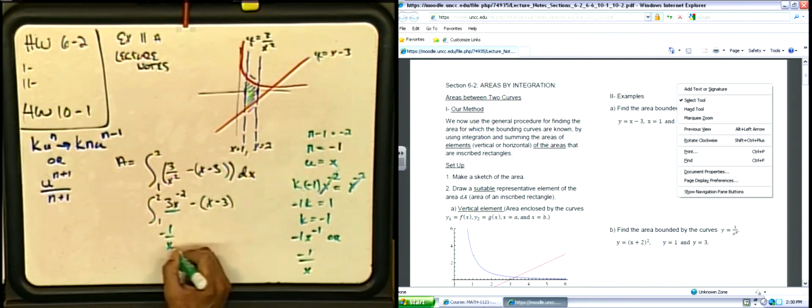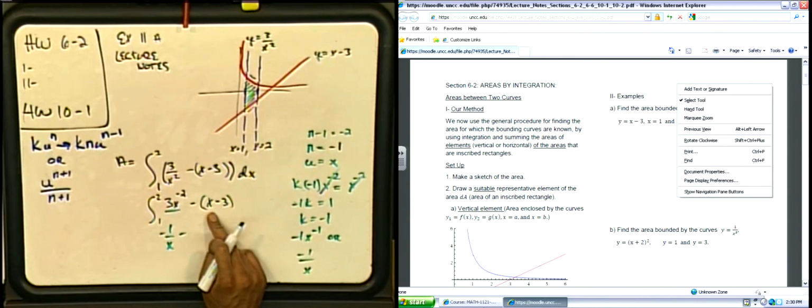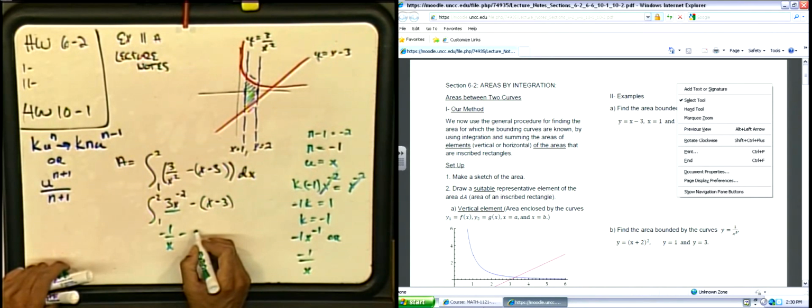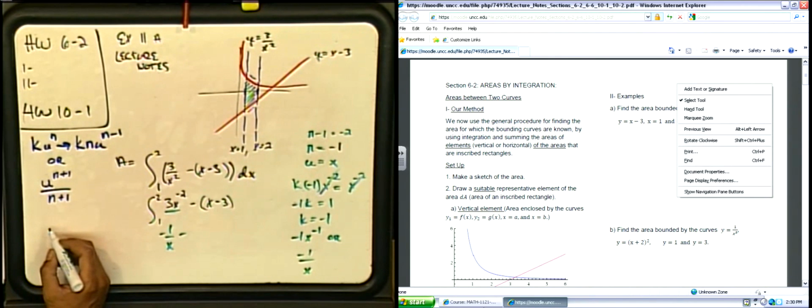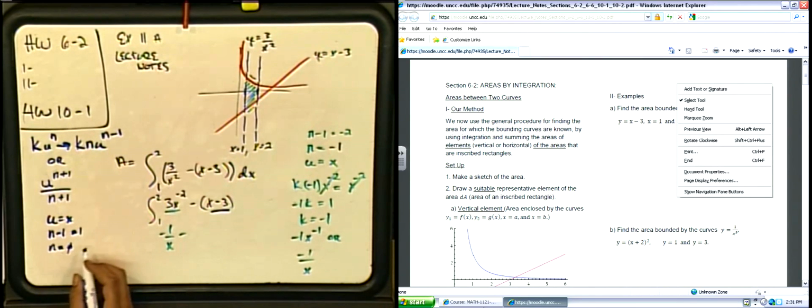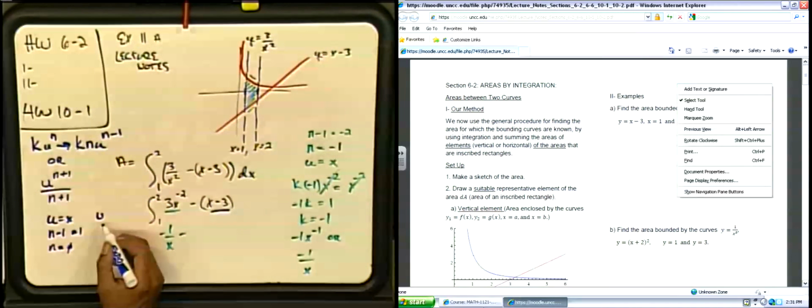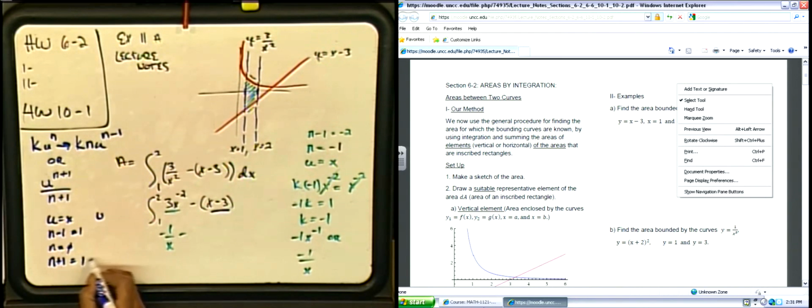So once you get the antiderivative of both, the antiderivative of the second term: u equals x, n minus 1 equals 1, n equals 0, so n plus 1 equals 1, and x is 1 over 1, which is x.